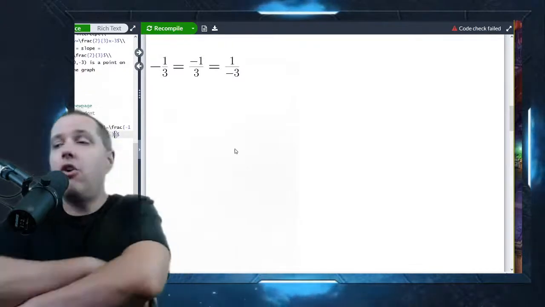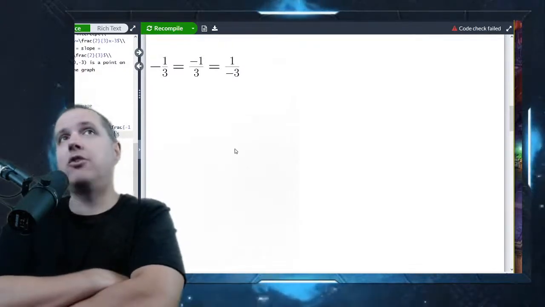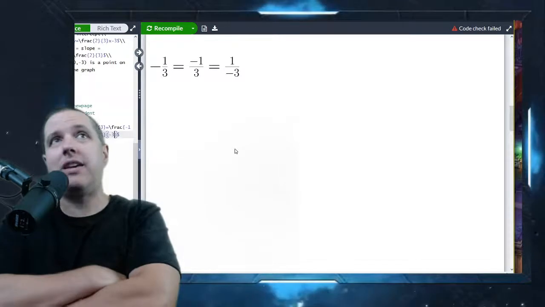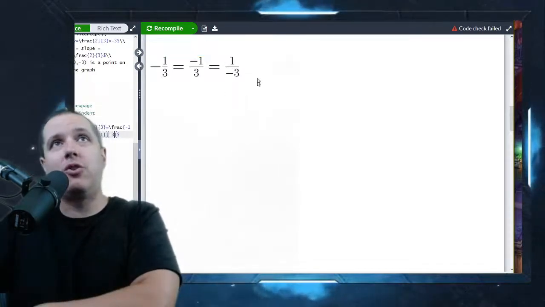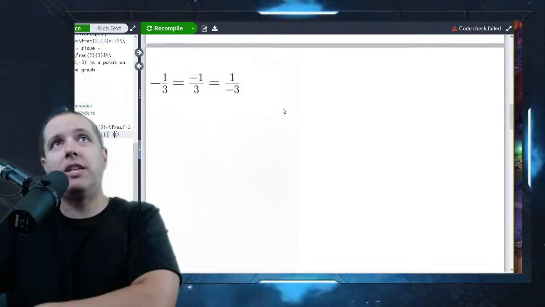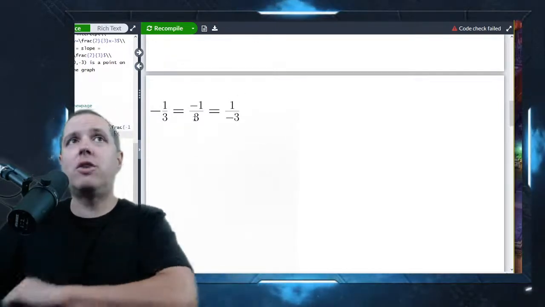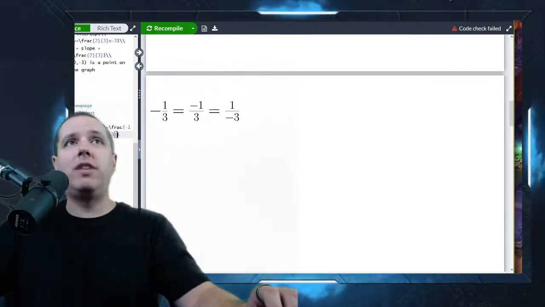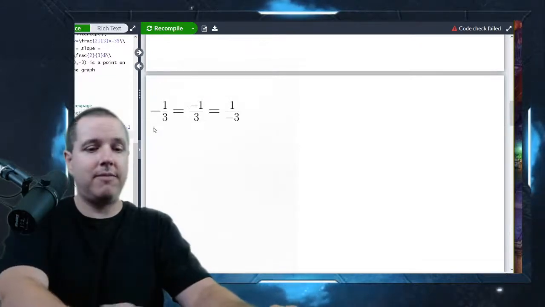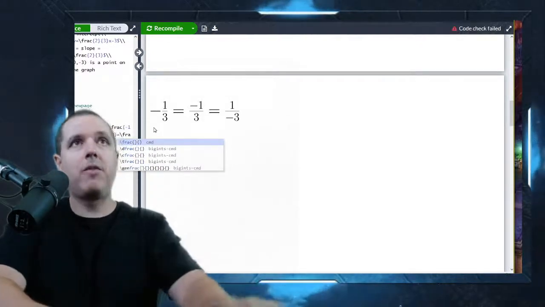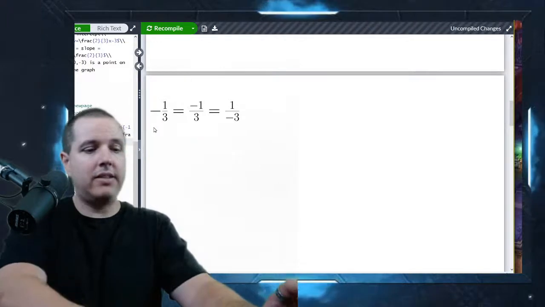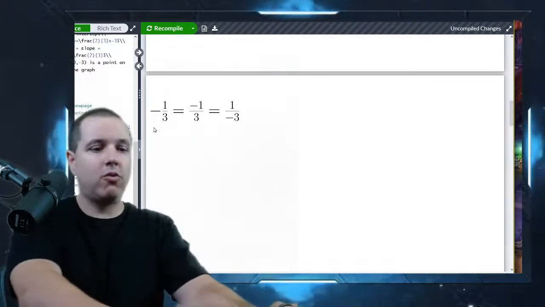These fractions are all mathematically equivalent. You're going to have teachers who panic if you write it this way, so don't get in the habit of doing that regularly. But for slope considerations, it's okay, because we know that all of these will represent the rise over the run.